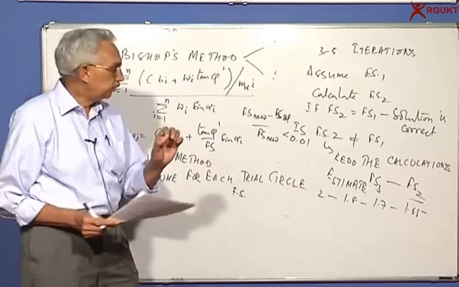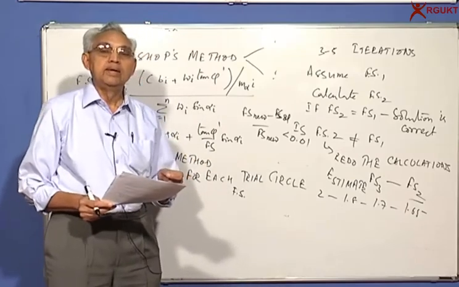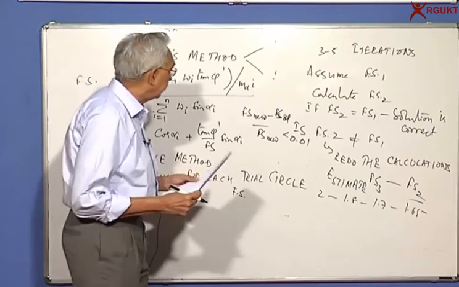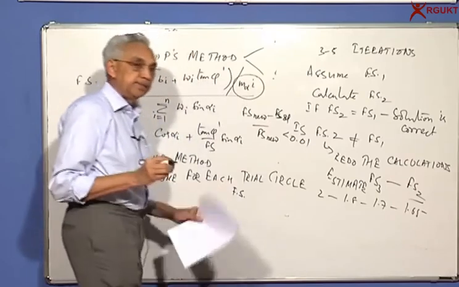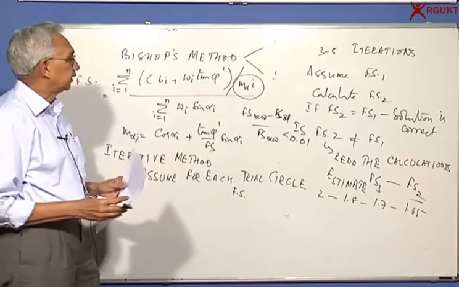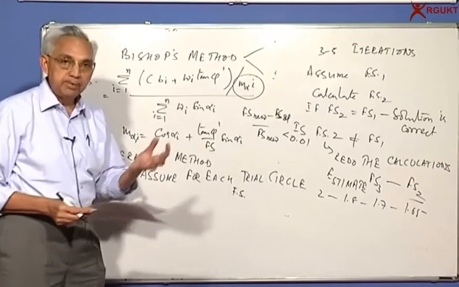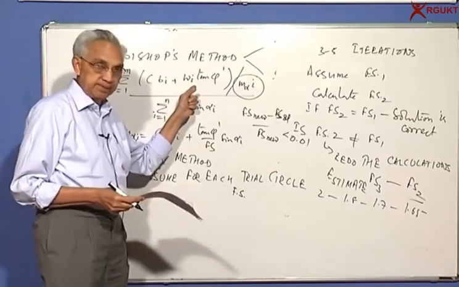So for the assumed trial circle, we now calculate the factor of safety based on Bishop's method. The whole crux of the approach is the consideration of the normal forces on the two sides of the slice, because of which the amount of force developed will be different for the shear resistance.